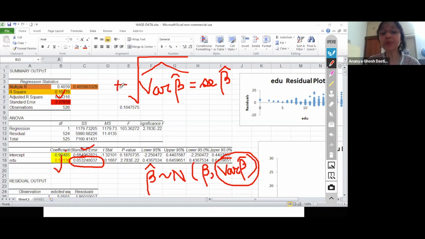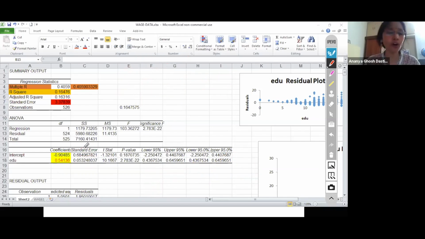Because it is the positive square root of an estimated variance. I hope you will keep this very clearly in your mind: the standard errors of alpha hat and beta hat are nothing but estimates of their standard deviations. Okay?